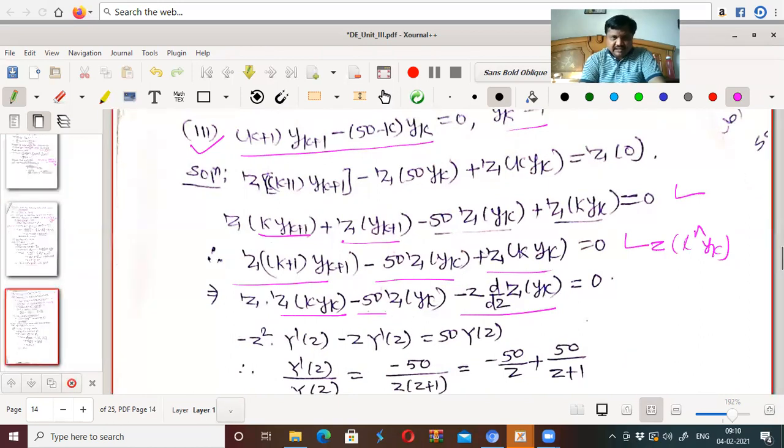50 Z transform of yk as it is. Now we want to go here. If your Z transform of k into yk is minus z d by dz of Z of yk, then what will be the Z transform of k plus 1 yk plus 1?